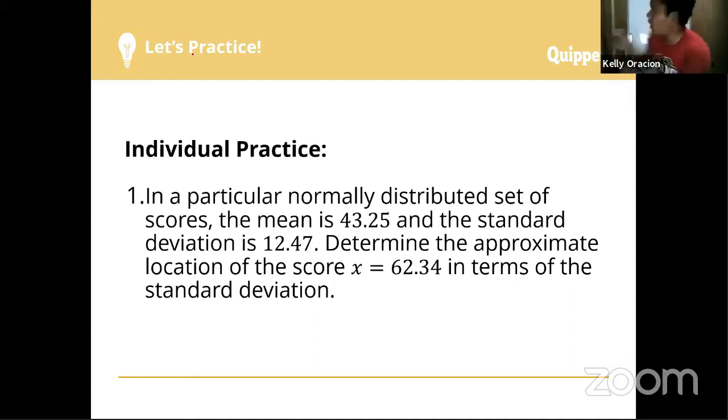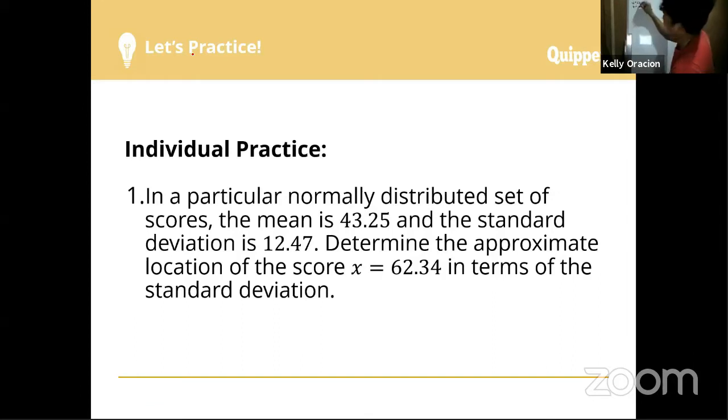Let me write the given first. X is 62.34. The mean is 43.25.